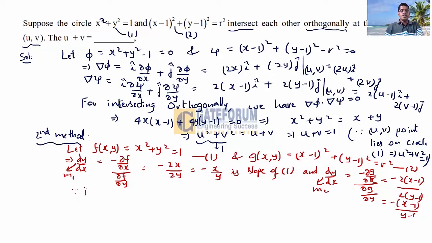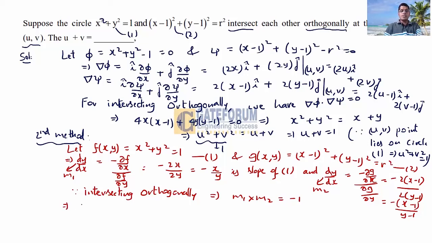since intersecting orthogonally, that means the product of the slopes is equal to minus 1, m1 into m2 is equal to minus 1. That is from applications of derivatives from 11th class standard.